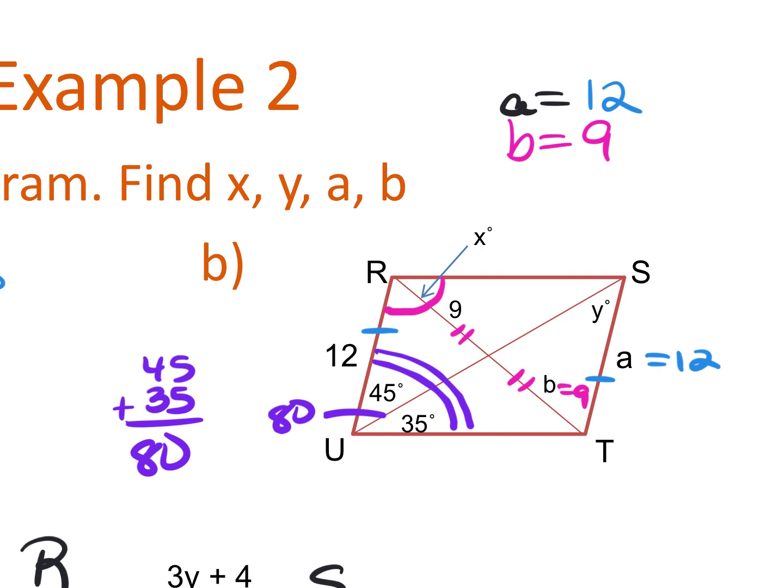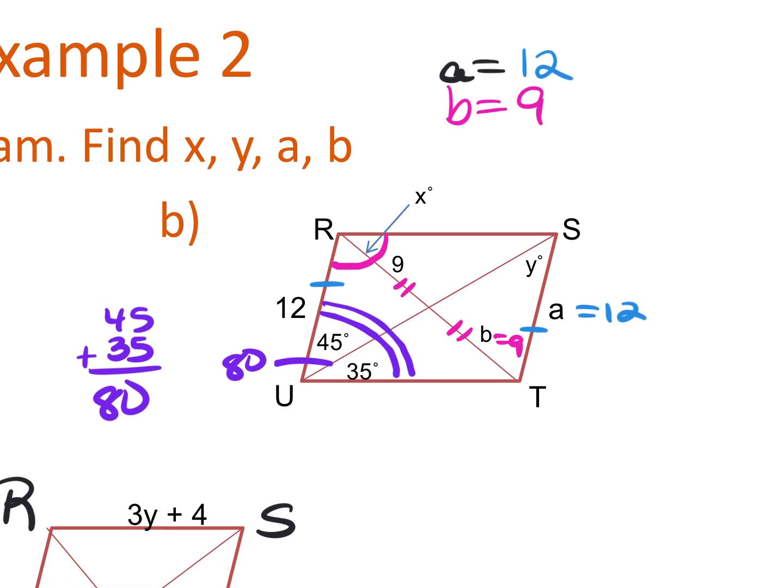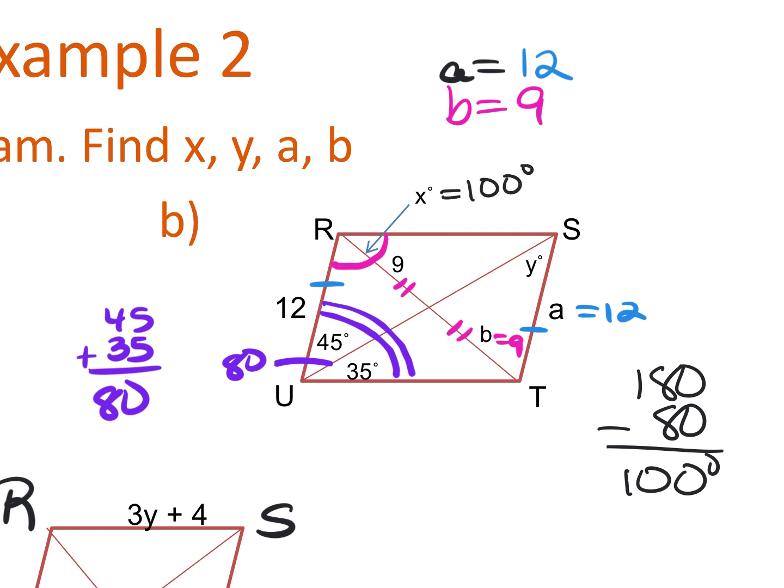And I know that this angle, U plus R, are supplements. So in order to find X, which is angle R, I'm just going to do 180 minus 80, and I get 100 degrees for variable X.